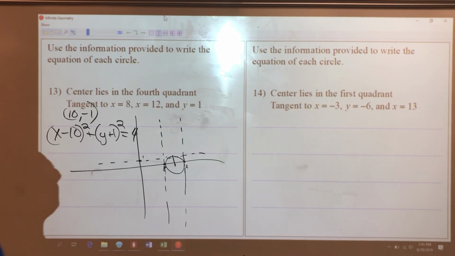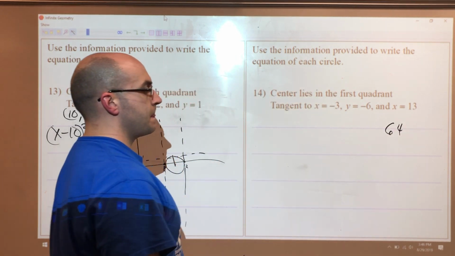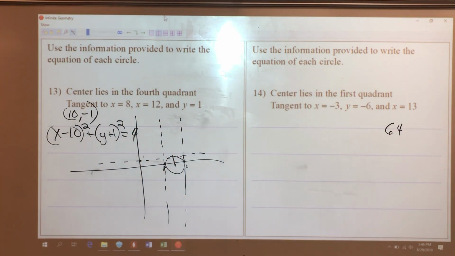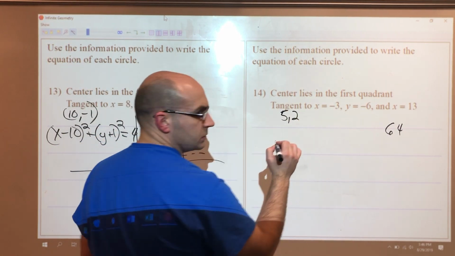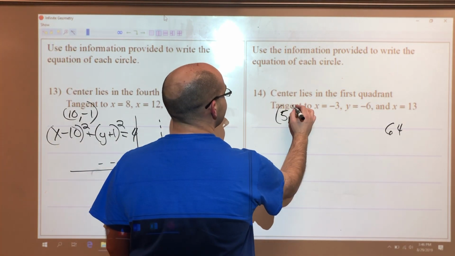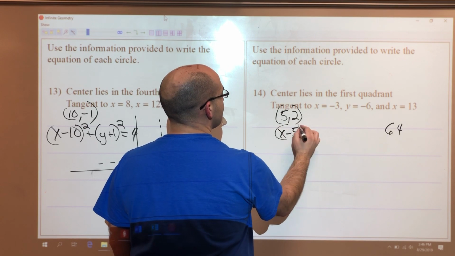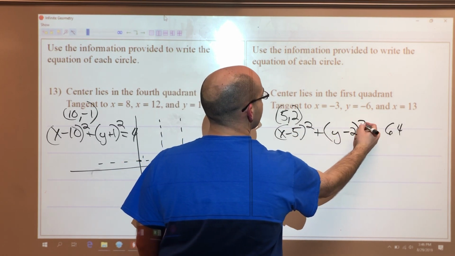So you should have an r squared value of 64, so 8 is the radius, right? And your center lies at 5, 2. Is that right? Of course it's right. X minus 5 squared plus y minus 2 squared equals 64.